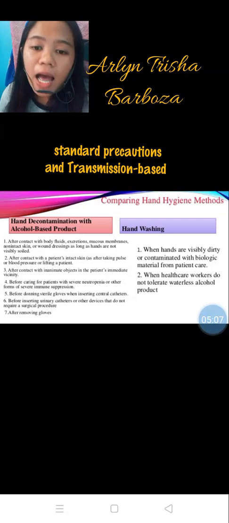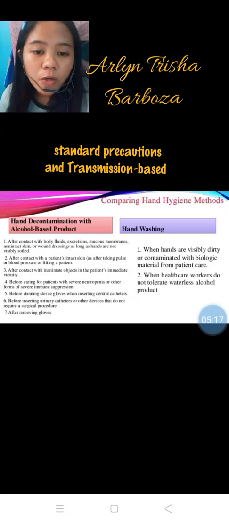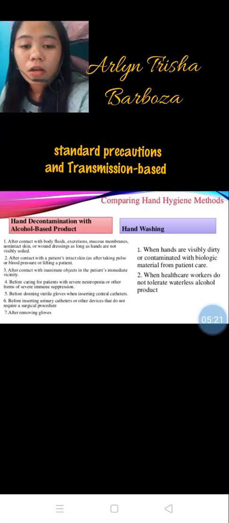That is for the alcohol-based product. Hand washing is done when hands are visibly dirty or contaminated with biologic material from patient care, and when healthcare workers do not tolerate waterless or alcohol products.